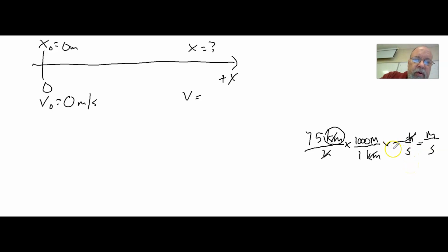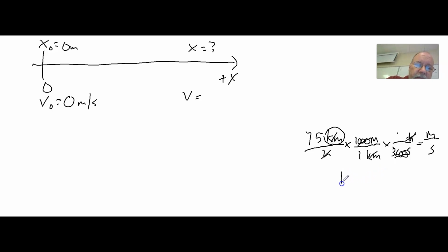And so now I'm going to say 1 hour is 3,600 seconds. So really, in order to get from kilometers per hour to meters per second, all I'm doing is dividing by 3.6. 1,000 divided by 3,600 is dividing by 3.6.